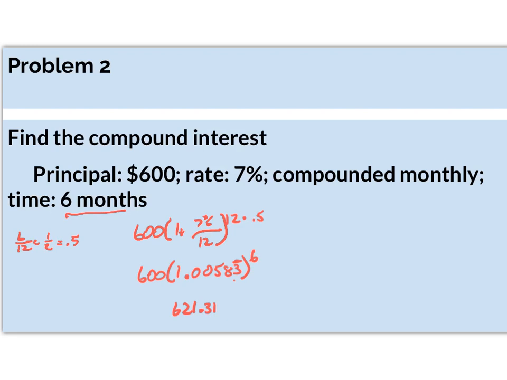And one of the good things about the TI is it will remember answers. So if you hit enter, you get an answer, and you just hit an operator, add, subtract, multiply, divide, and then type your other thing in.